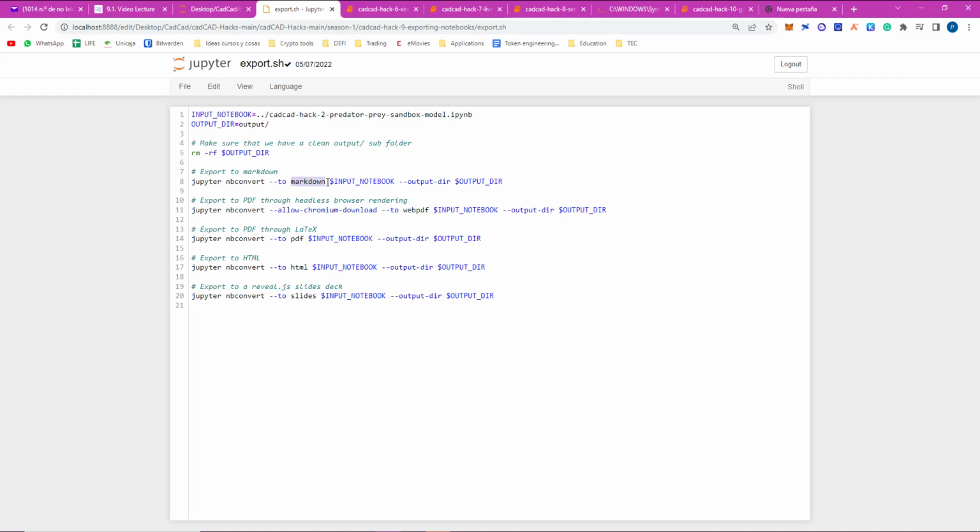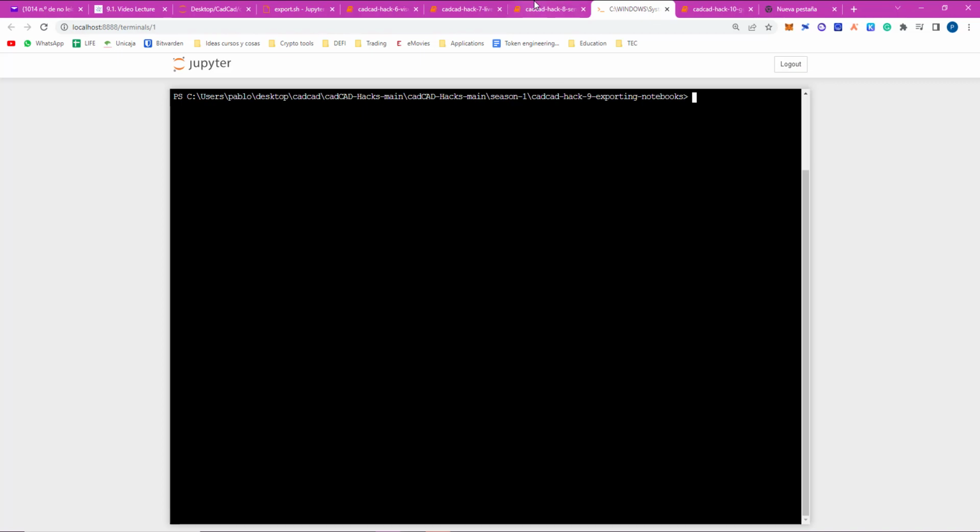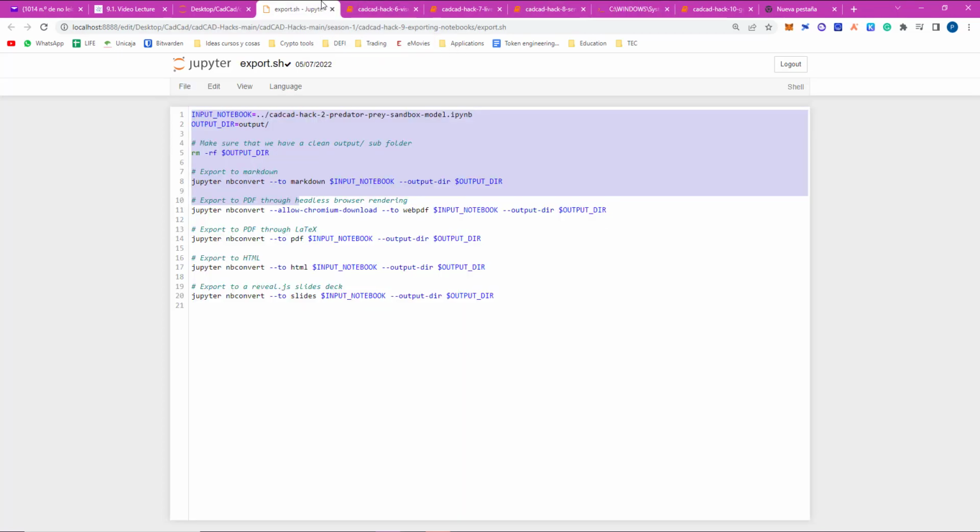And Markdown, I don't know it. How do you call it? The readmes are written in that. It's probably going to be converted into a .md file. Exactly, .md. And what I don't know how to do is this part, to be honest.